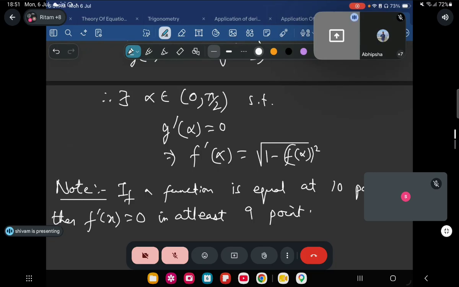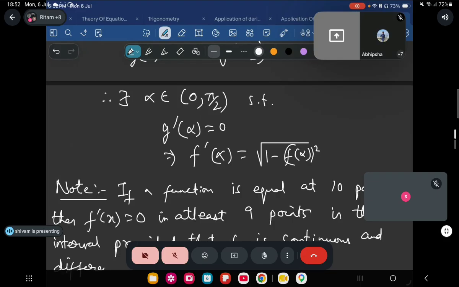Okay, in that interval, provided that f is continuous and differentiable. Remember.